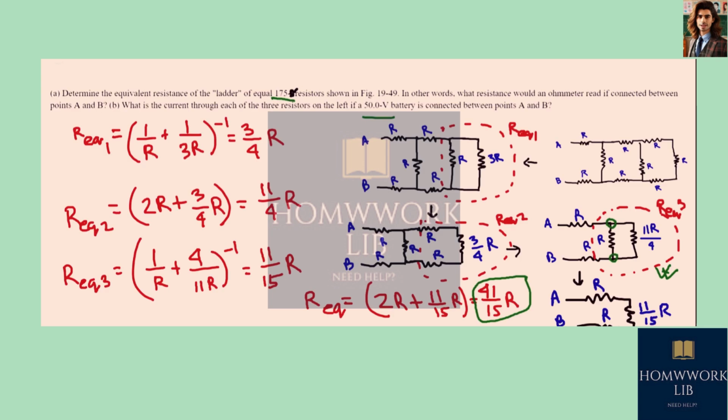So let's see, what is the current through each of the three resistors on the left? So these are the three resistors that we were calculating. Let's mark them. Let's say this one is 1, this one is 2, and this guy right here is 3.